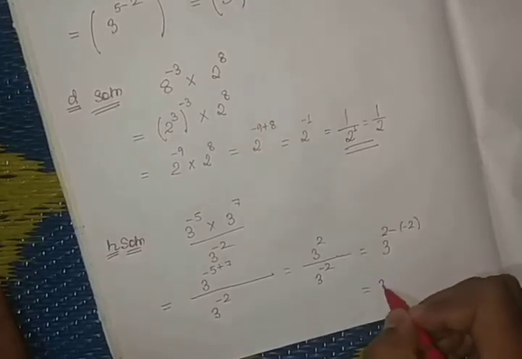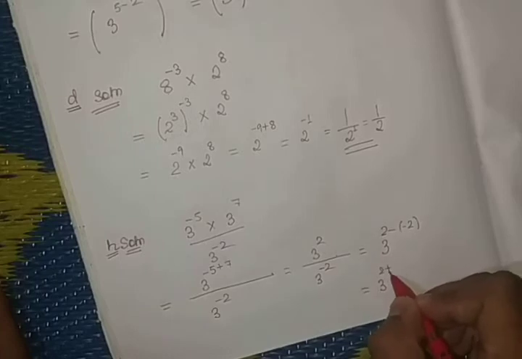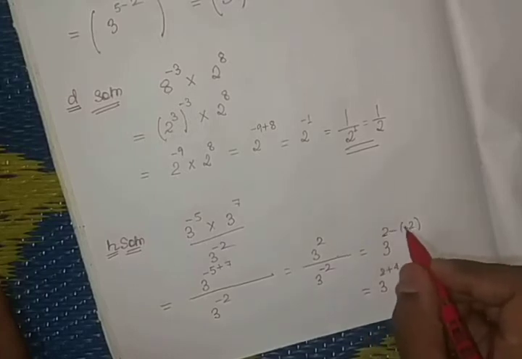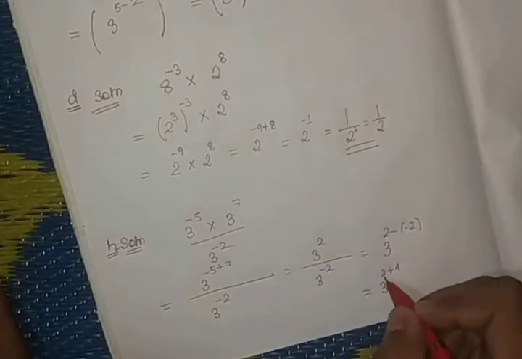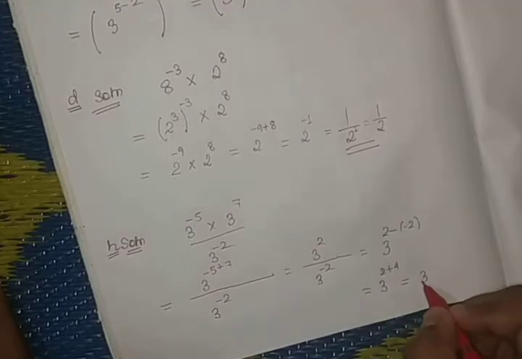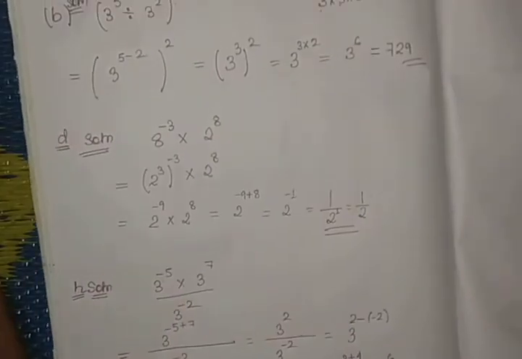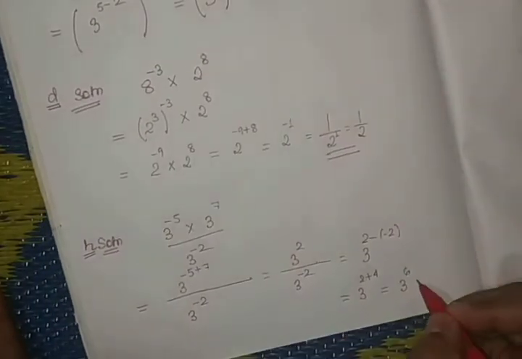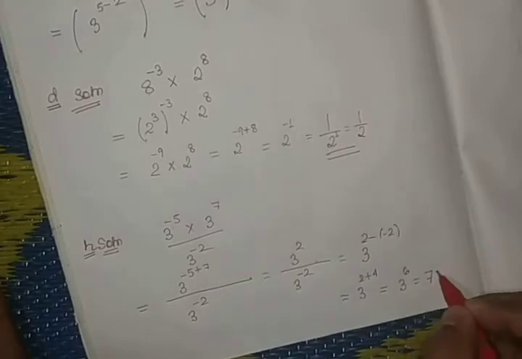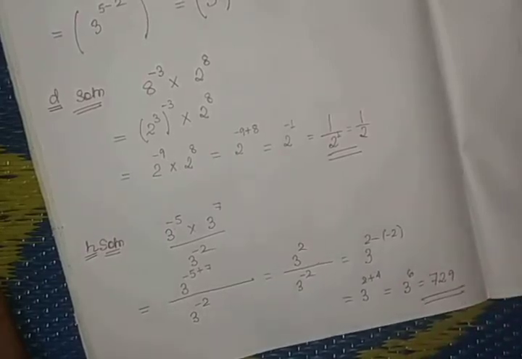That will be equal to 3 to the power 2 plus 2, because minus multiplied by minus, we will get plus. Then that is equal to 3 to the power 6. We have already done 3 to the power 6 in the above case. How much did we get? 3 to the power 6 is 729. So the answer here will be 729.